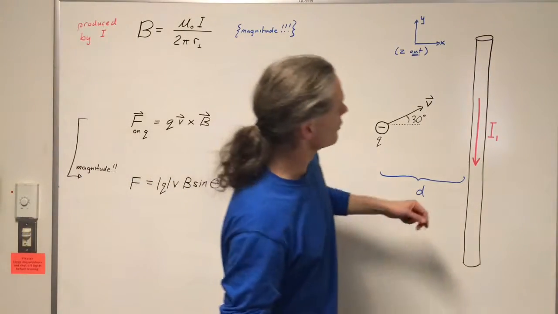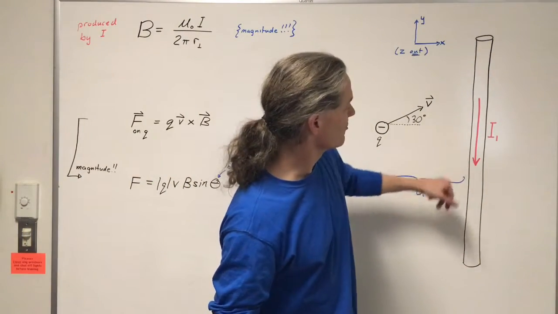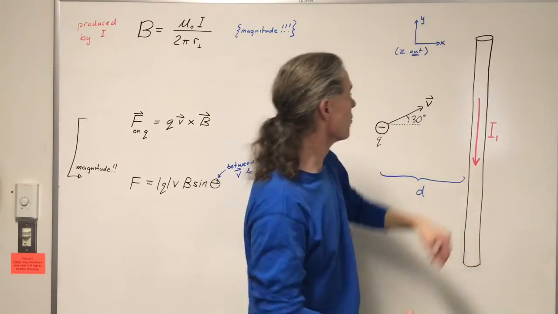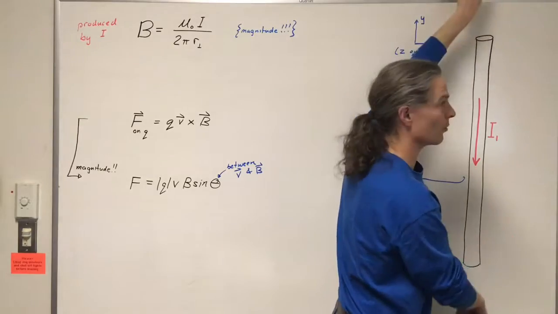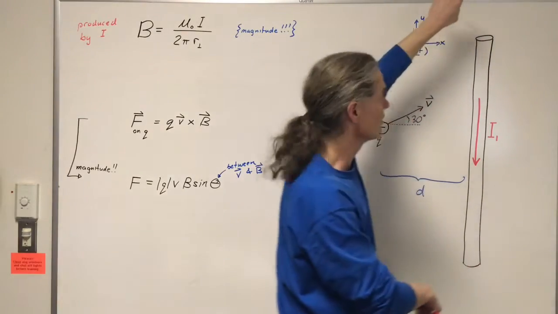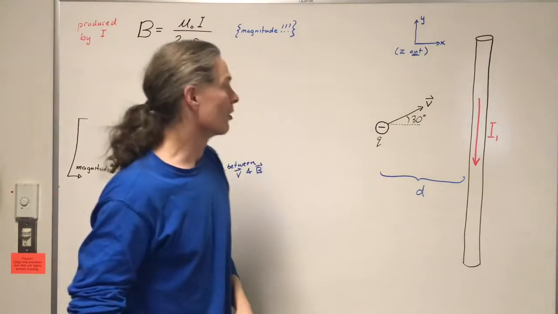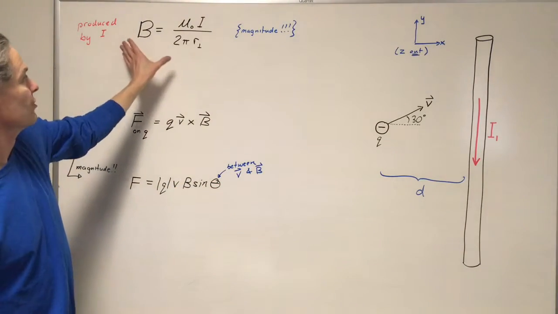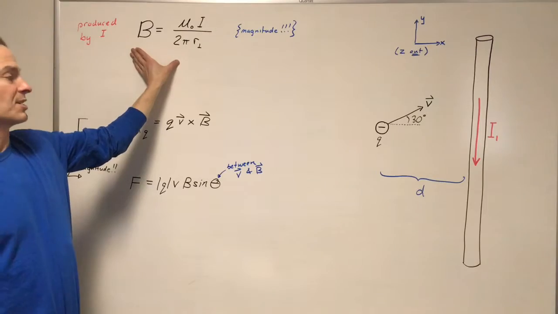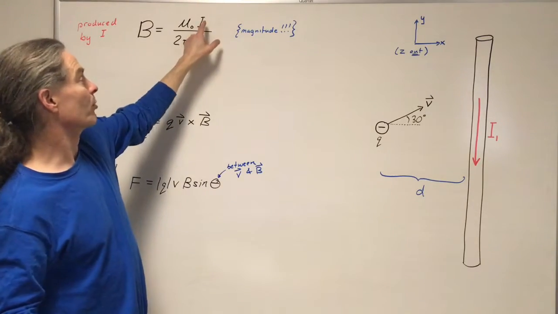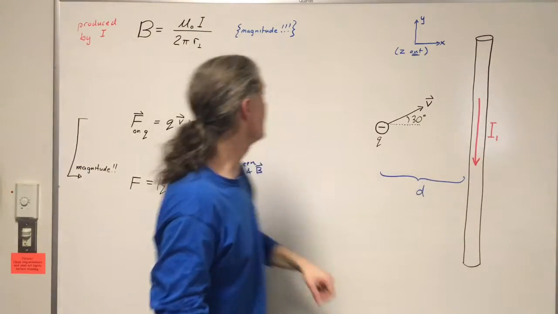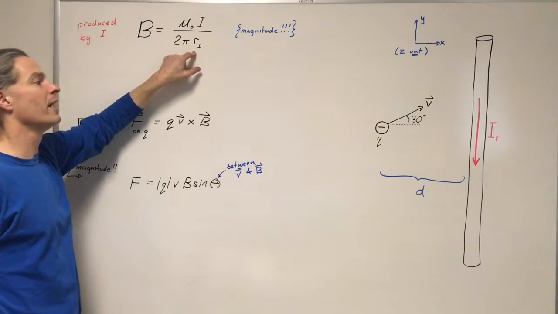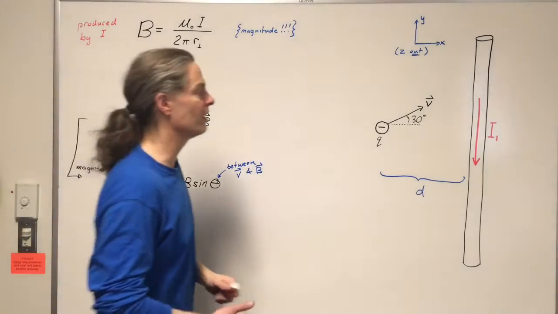First, we have to look at the magnetic field produced by this long current. We've got a current heading down this way. We're going to assume that this is an infinitely long wire, or close enough to infinite that we don't care. We can find the magnitude of the magnetic field due to that long wire with this expression, where we'll replace I with I1, and R perpendicular is the perpendicular distance from the wire where we want to know the magnetic field.